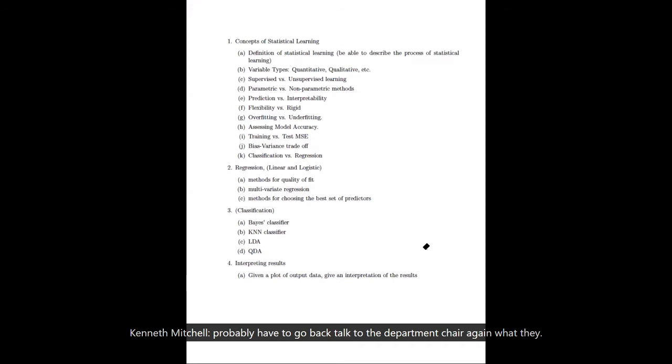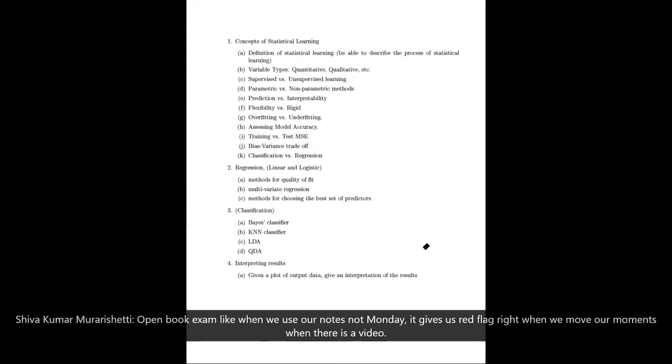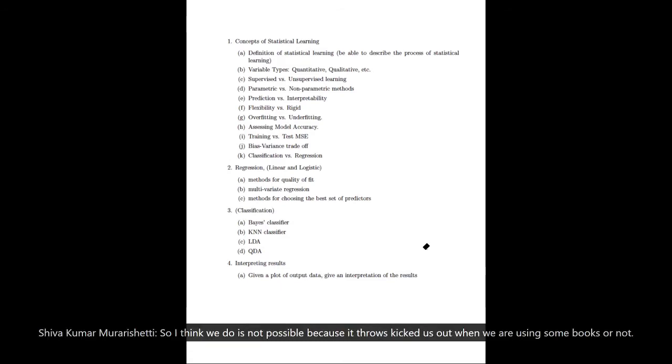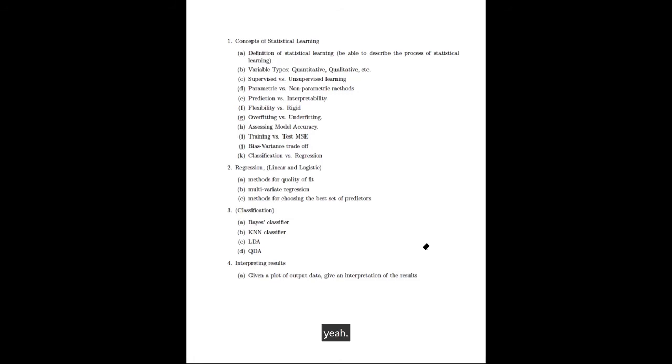When we take an open book exam and use our notes, it normally gives us a red flag when we move, when there is video. So I think video is not possible, because it kicks us out when we are using books or notes.